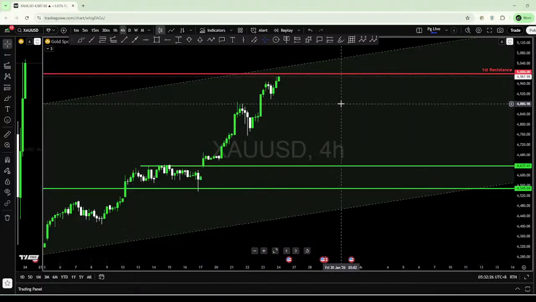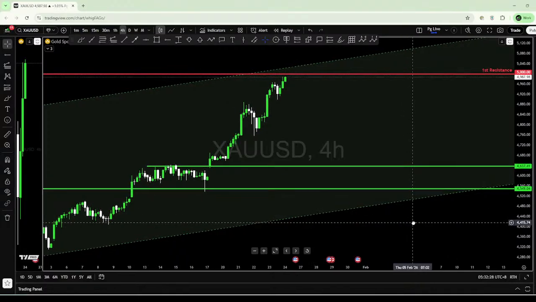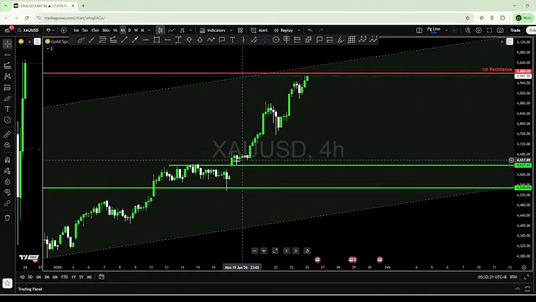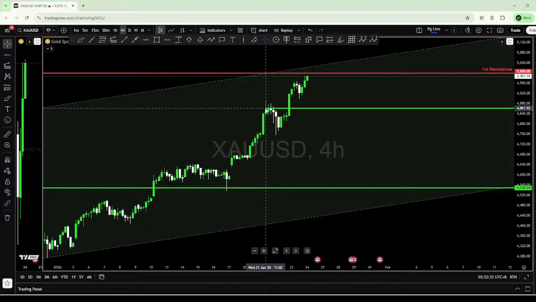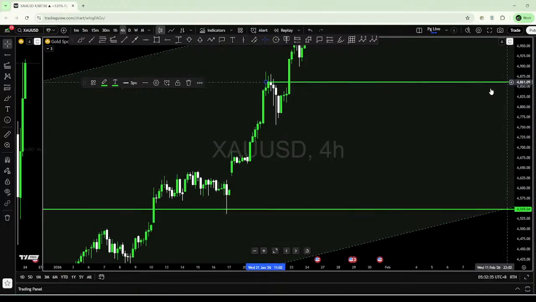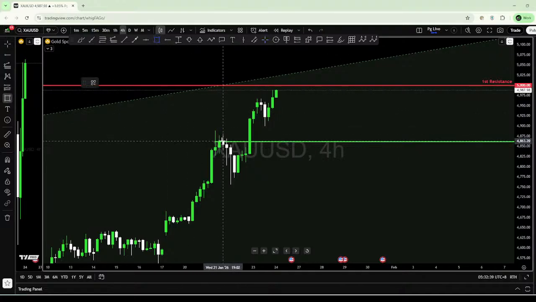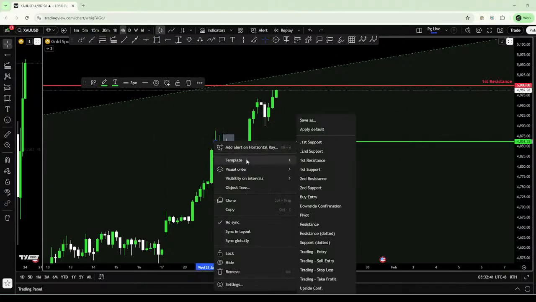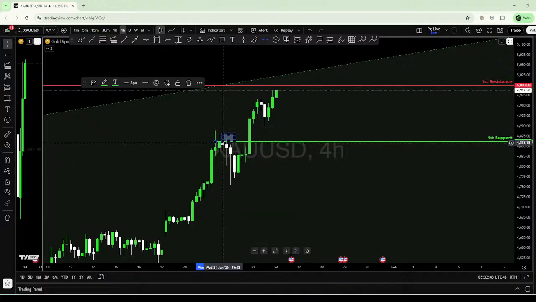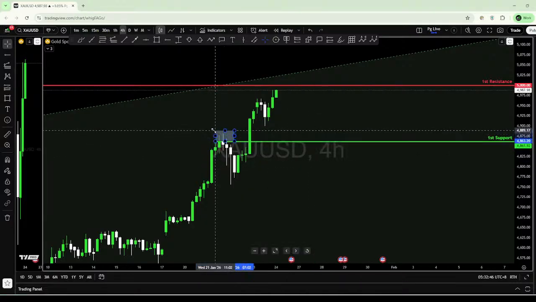Let me go to H4. Based on the H4 time frame, this is gonna be our area of the support level. So I'm gonna draw the wick and the body. It's gonna be somewhere around here. This is gonna be my first support as of right now.